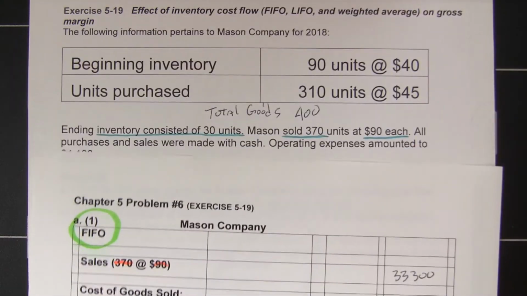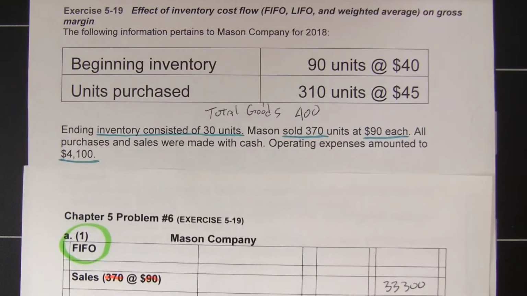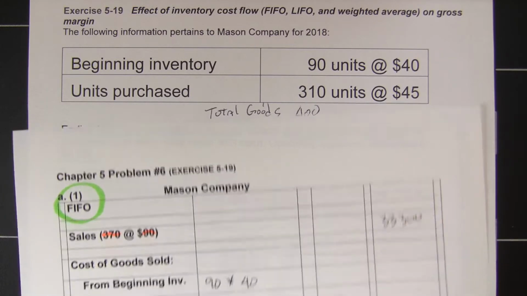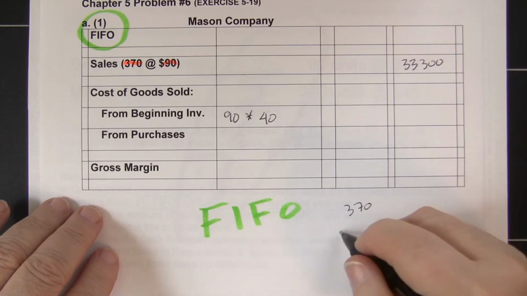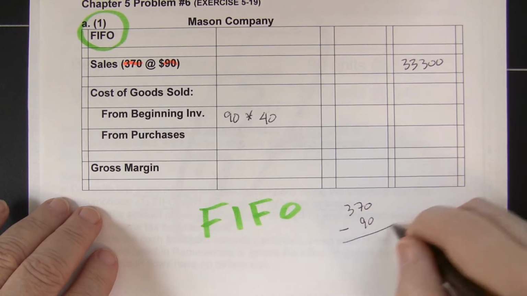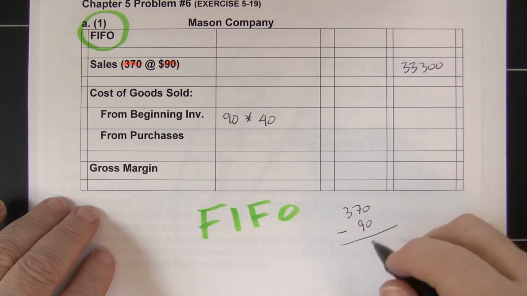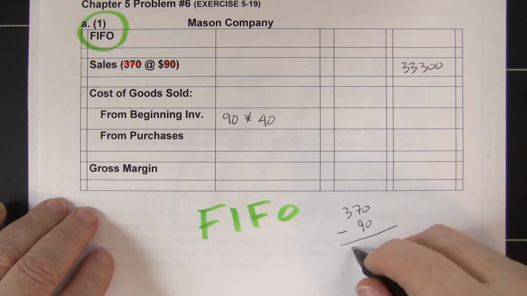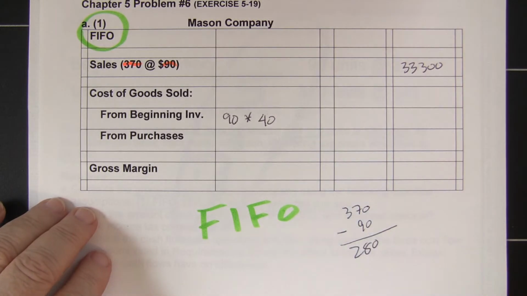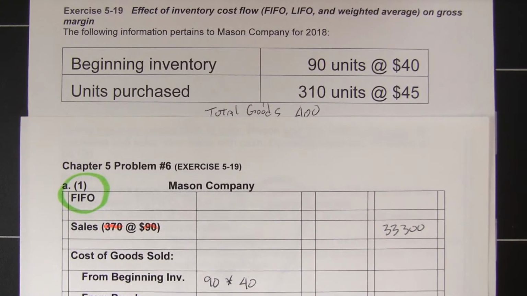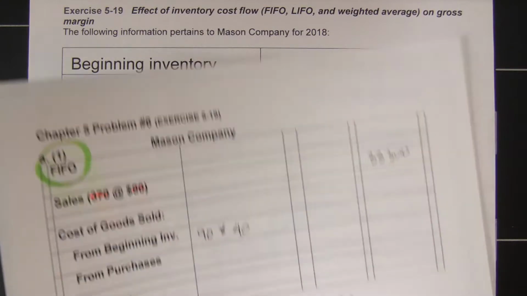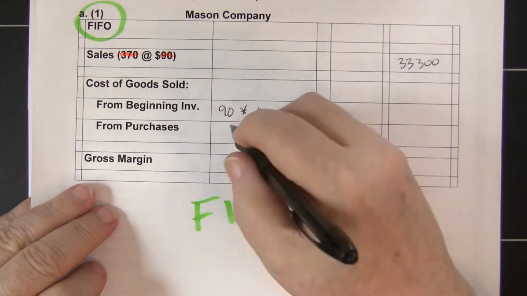And we sold a total of 370 units. So if we sold 370 and we know 90 of them were at $40 each, we have to do our subtraction of 280 to find out how many from the newer purchase, the $45 units, we sold, and we sold 280 of those.